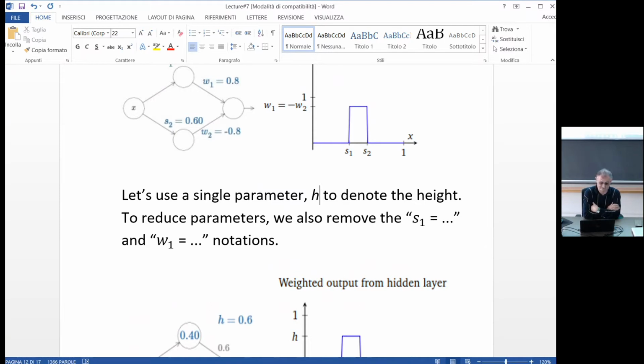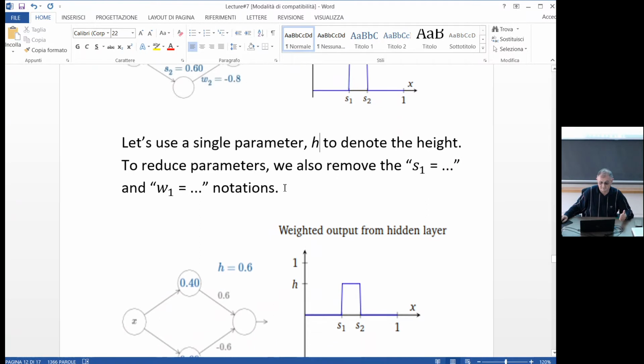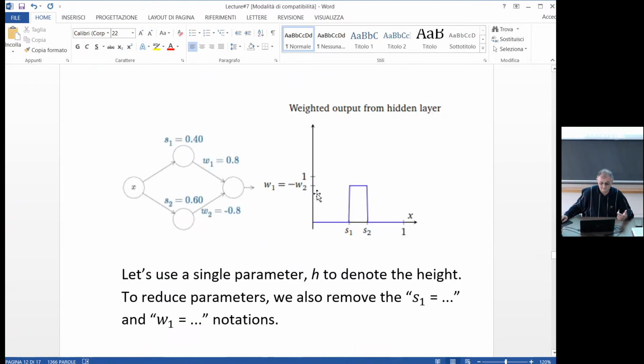Highness of our rectangle. So we now introduce a new parameter, H. We should remove S1, S2, and so on.